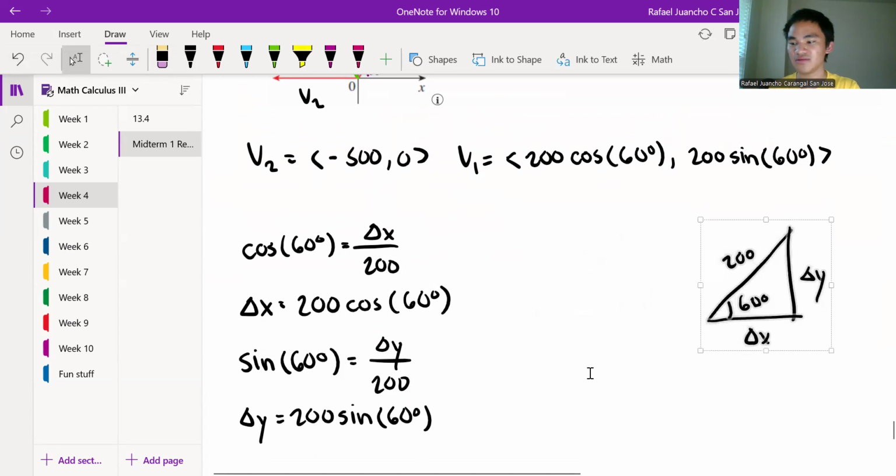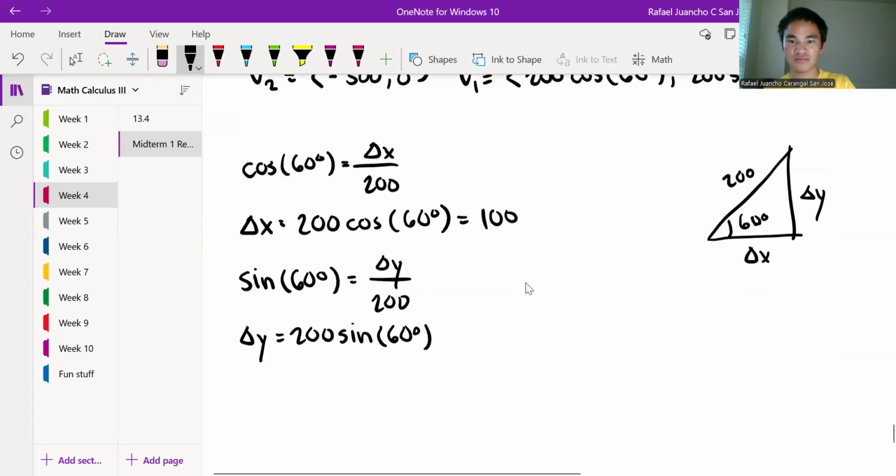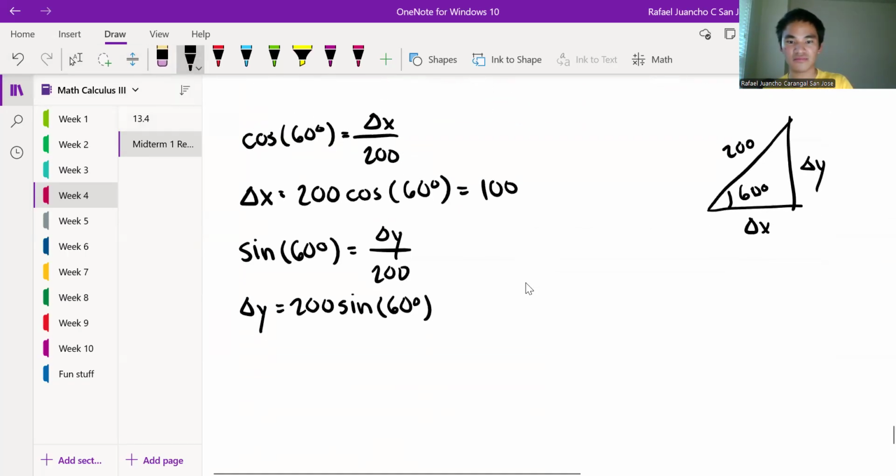Cosine of 60 is 1/2, luckily. So that's 100. And then sine of 60, I hope is a nice number. It's not. So I have to look at the trig table to do this.